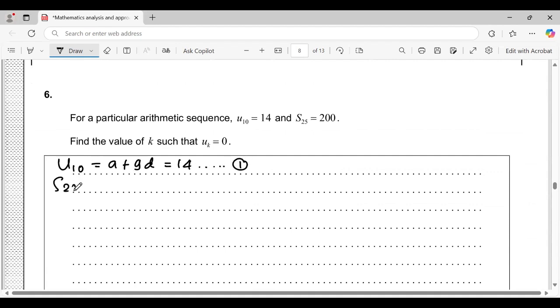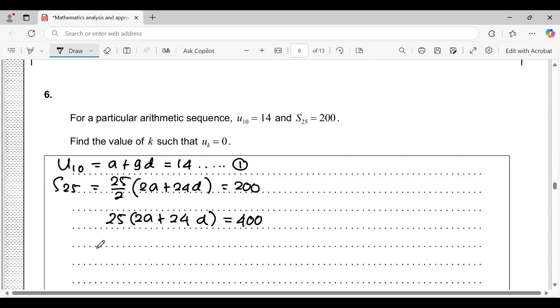And S25 equals 25 over 2 times 2A plus 24D, equals 100. It becomes 25 times 2A plus 24D, equals 2 times 100, which is 200.